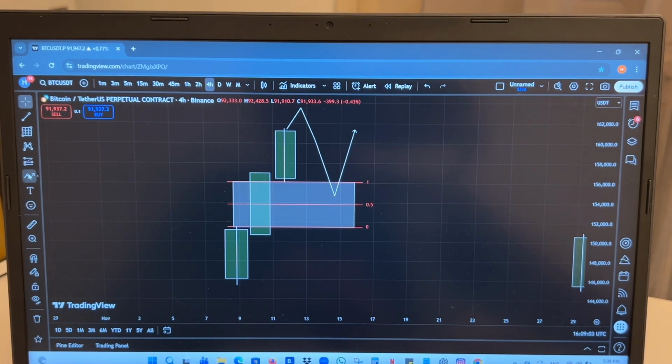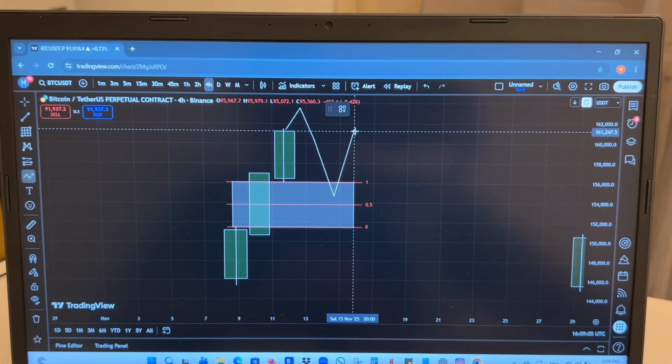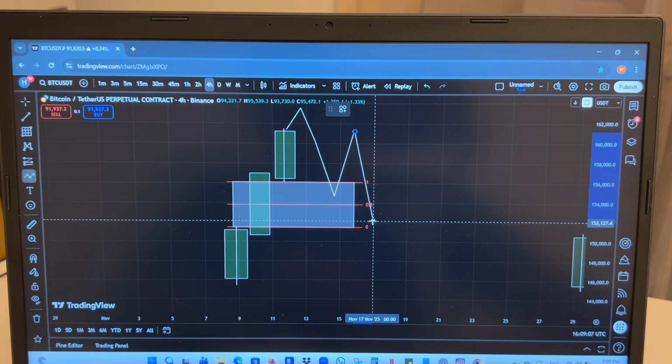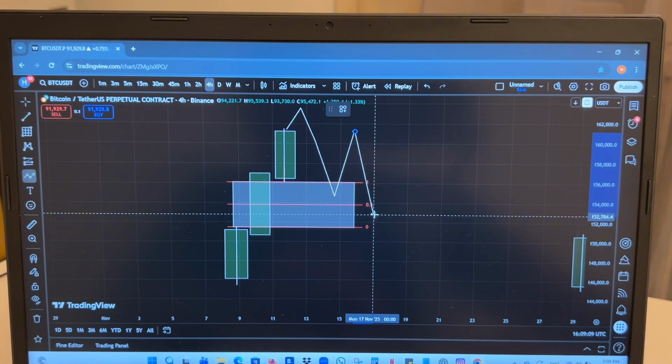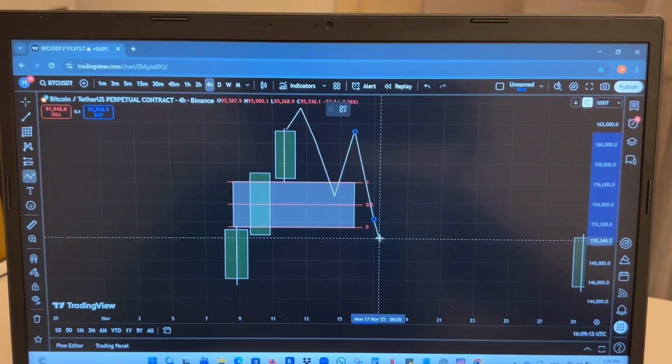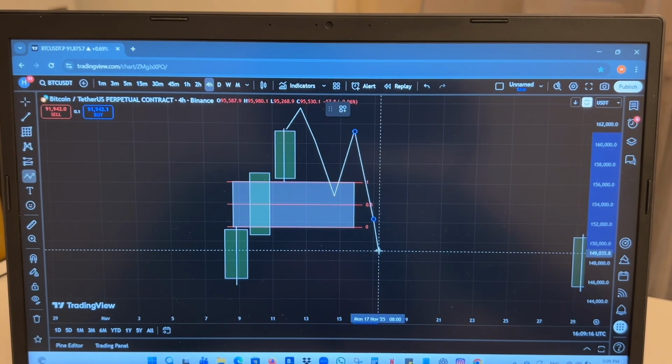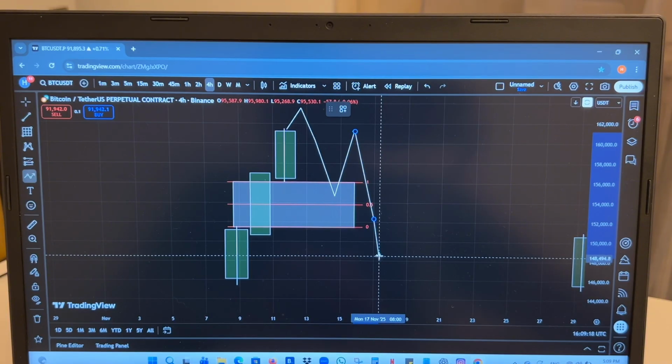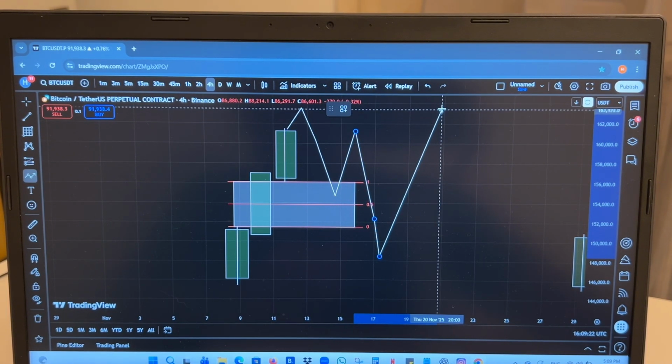So there is a high possibility of the market actually coming towards this 0.5 and 0 level right over here, and maybe going up, or else it's going to go to an order block somewhere right below the market, and then going up.